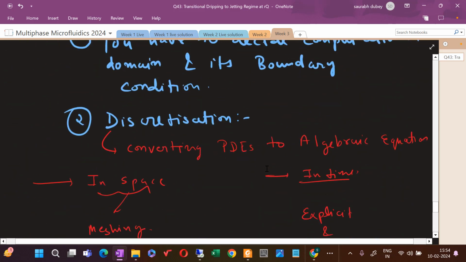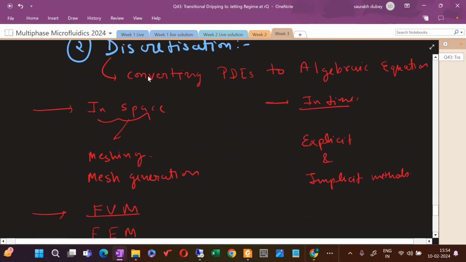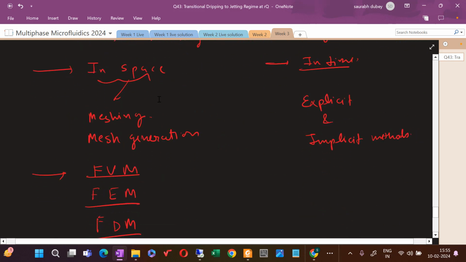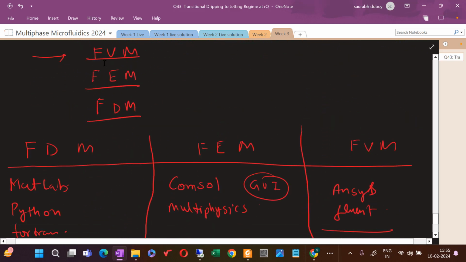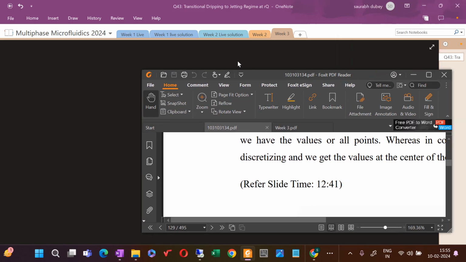So that's the one thing. First you have to decide the computational domain, and another one is that you have to have discretization. In discretization, you can do it in space and time using FVM, FDM, and FEM. Once you have done the discretization, it has been explained by Sir through a one-dimensional space problem.